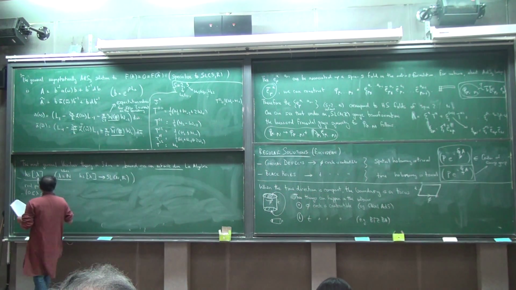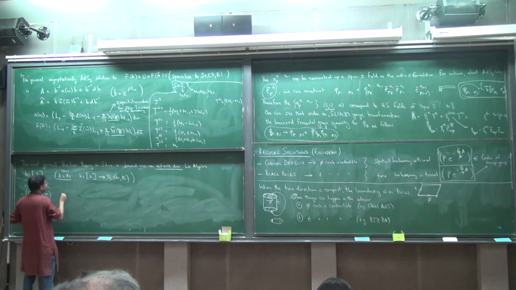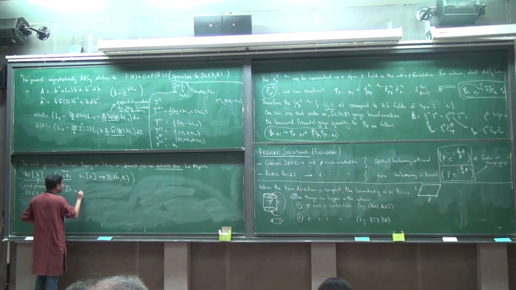So the general Vasiliev theory is based on this Lie algebra, and it's still a Chern-Simons theory.